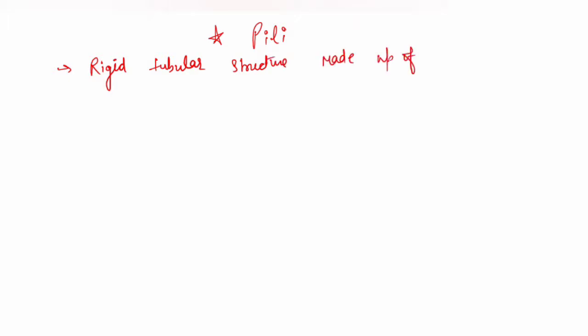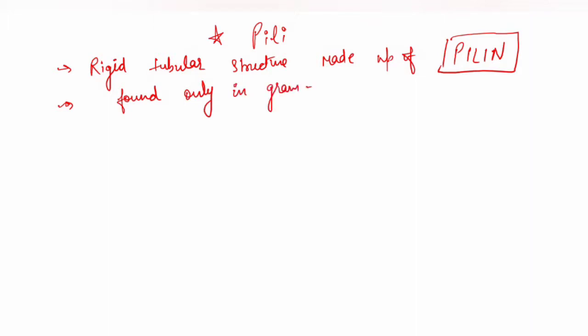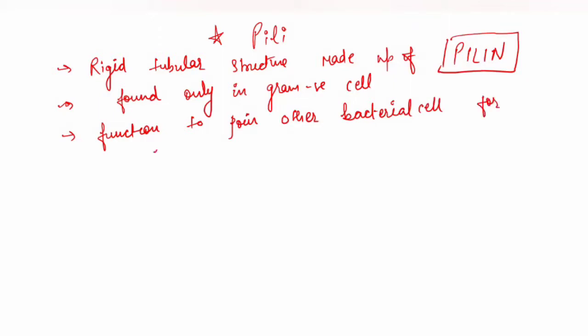Next we have pili. Pili is again a tubular structure present outside. It's a rigid tubular structure made up of a protein known as pilin. That's why the name pili. This structure is found basically in gram-negative bacteria. The cells containing pili are known as F plus, fertility positive, and the other ones are F negative.